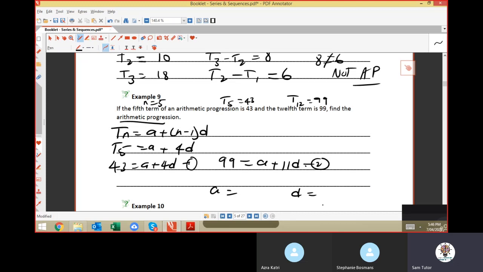Nearest millimeter, that's 179 millimeters. You got yourself 2 marks in the HSC again. Any questions there?